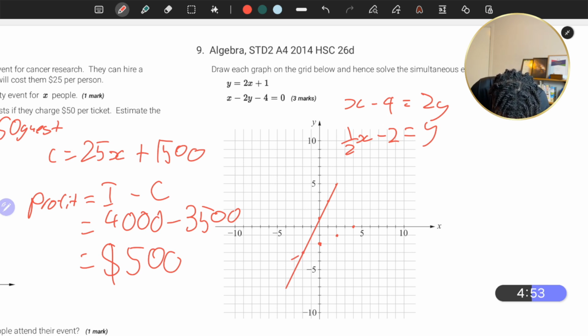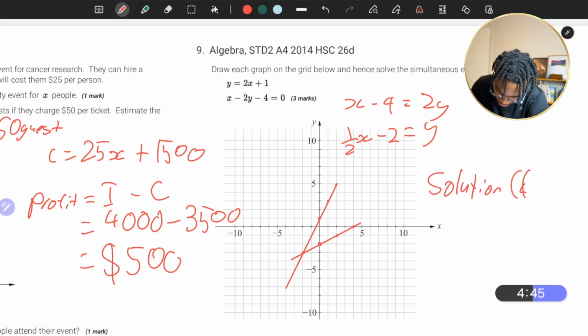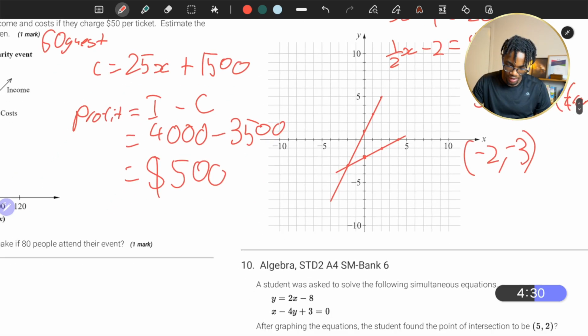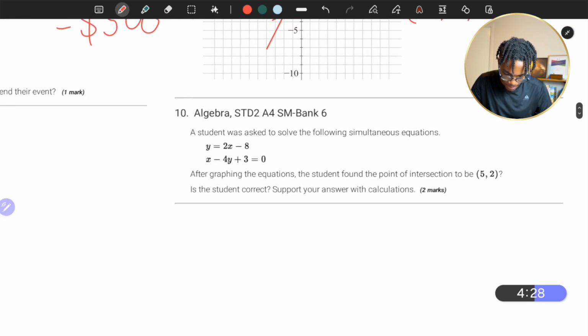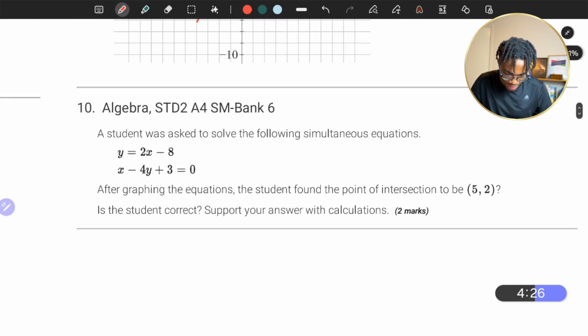Just draw a line between these, like that. And the solution from the graph is about minus 2 for x and minus 3 for y. Easy stuff.